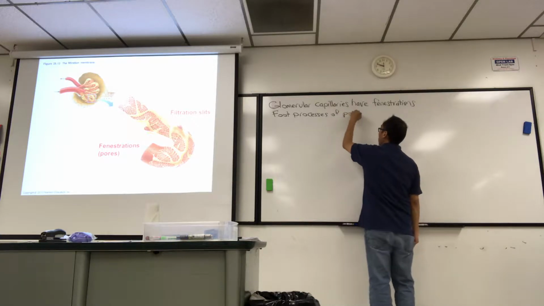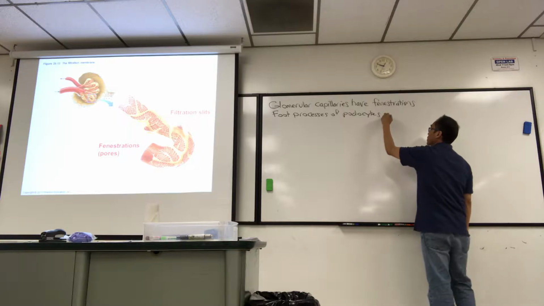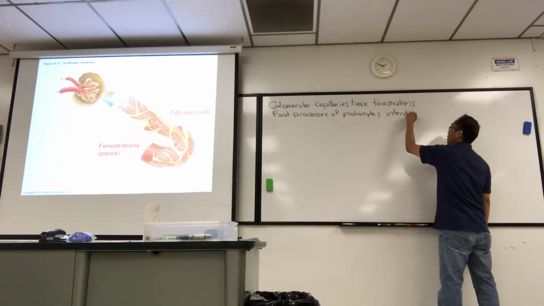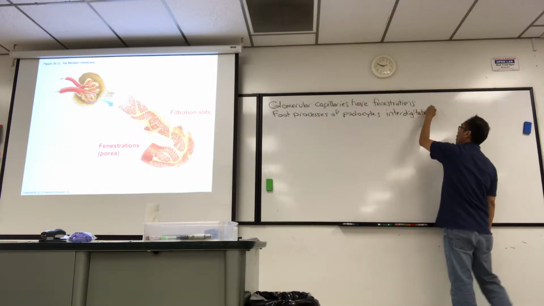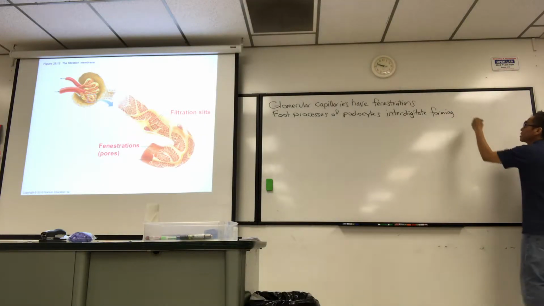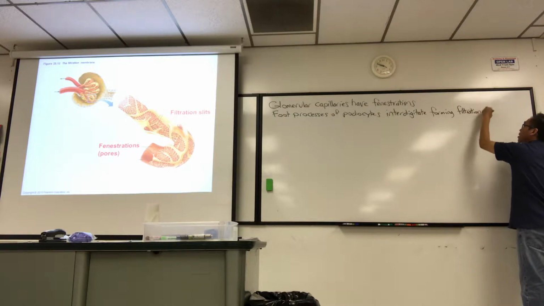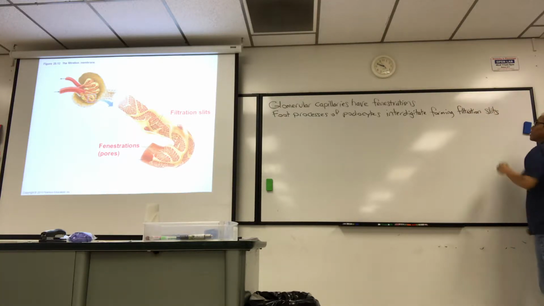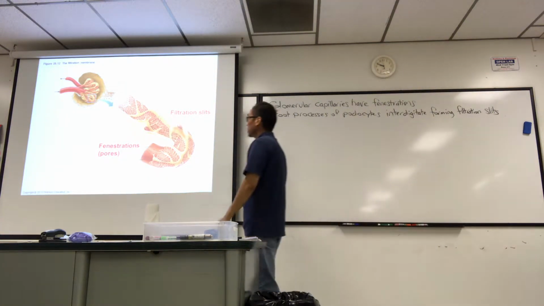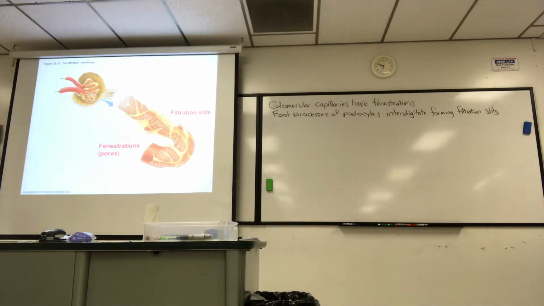What I wrote before the break, you don't have to necessarily rewrite this, is that the foot processes of the podocytes interdigitate, forming filtration slits. So both things allow for a lot of filtrate to be formed, but you limit it to small molecules.